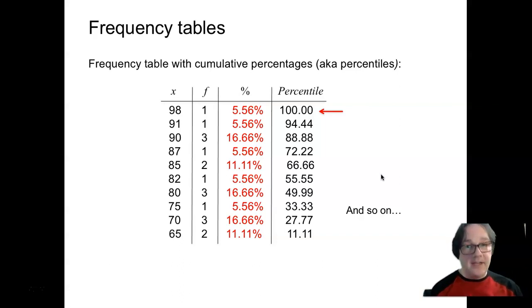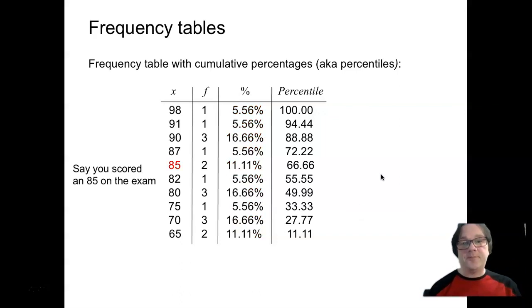If you scored a 98, that means 100% of scores are at a 98 or below you, right? So you want to make sure by the time you reach your highest score, your percentile is at 100% or pretty close, again, because of rounding error. It could be slightly off. Don't worry about that for our purposes.